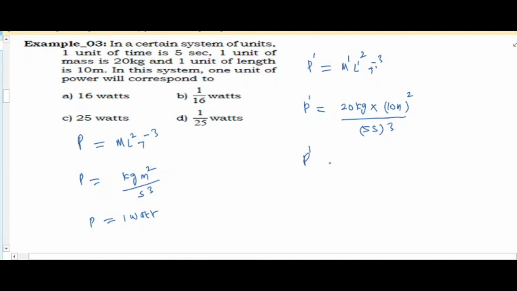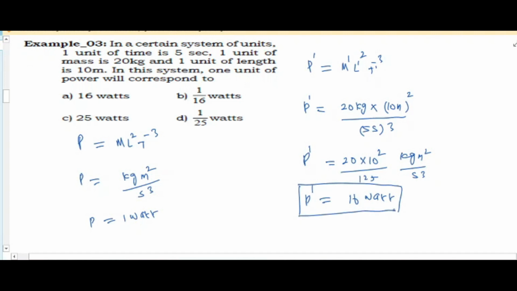This becomes P dash is equal to 20 into 10 square by 125 kg meter square per second cube. Therefore, P dash is equal to 16, kg meter square per second cube is watt. Therefore, in that new system, unit of power is 16 watt, where mass is taken as 20 kg and length is considered as 10 meter and the time is 5 seconds. Therefore, answer is A.